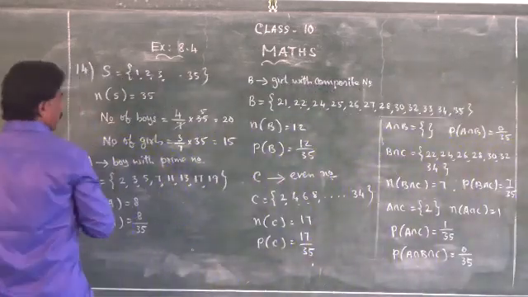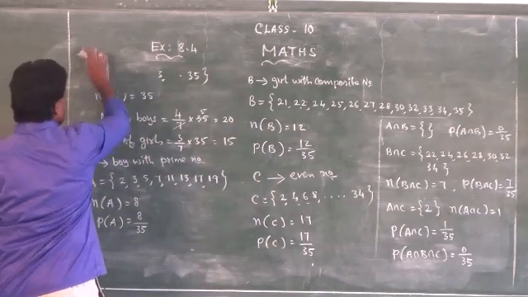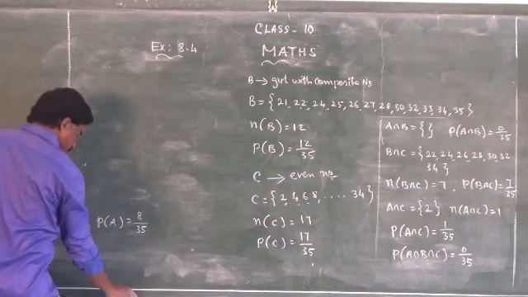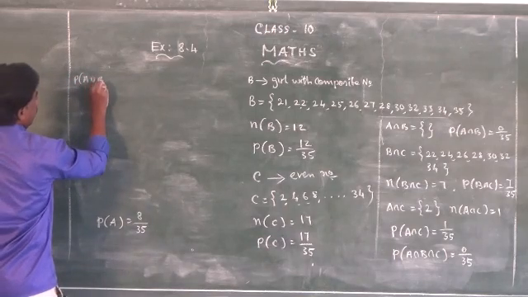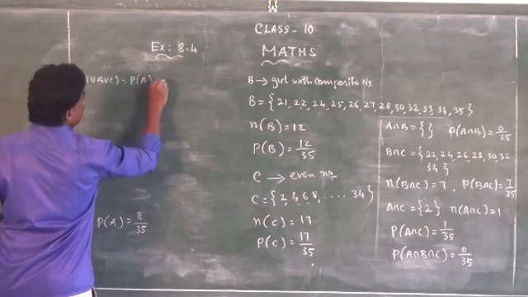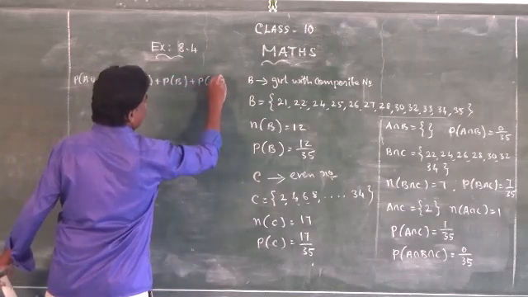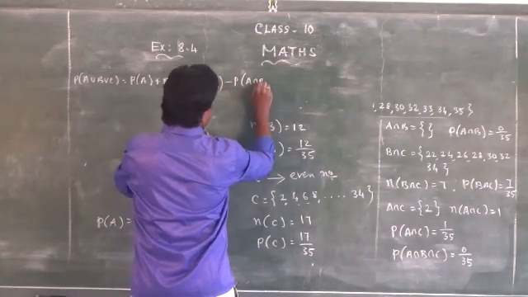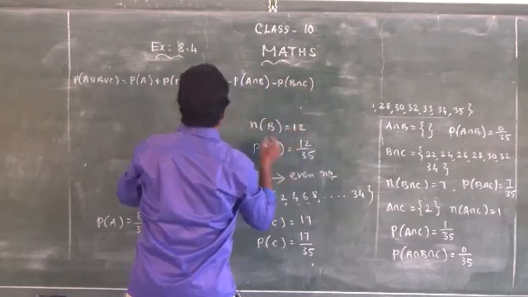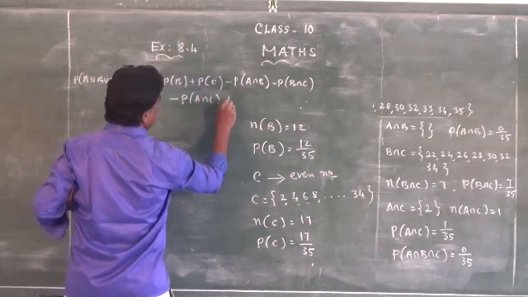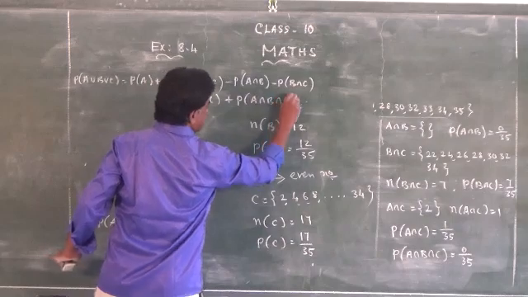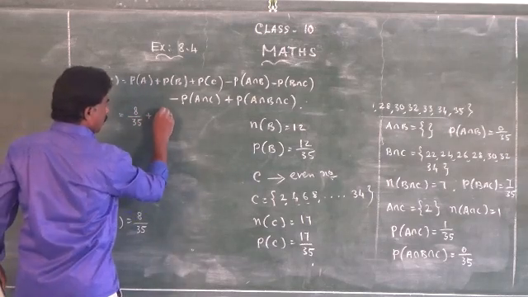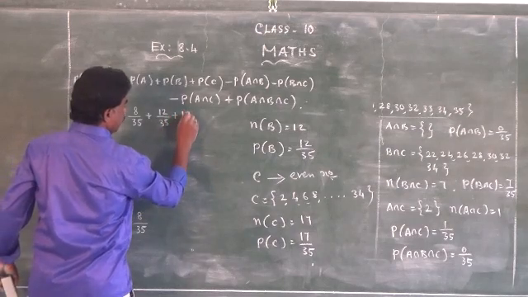So now apply the formula. P(A∪B∪C) is P(A) plus P(B) plus P(C) minus P(A∩B) minus P(B∩C) minus P(A∩C) plus P(A∩B∩C). P(A) is 8/35, P(B) is 12/35, P(C) is 17/35.